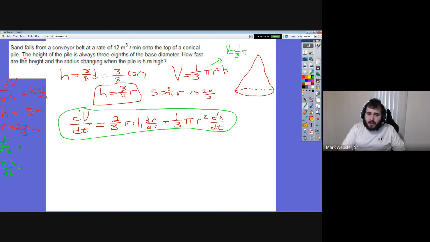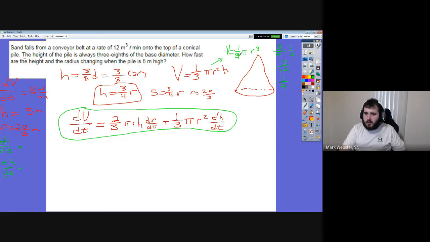R squared times 3 over 4r. Well, now I've got another r in there, so that's r cubed. And I'm multiplying 3/4 into this. So 3/4 times 1/3 is 1/4, right? Sorry, 3/4 times 1/3 is 1/4. Yeah? Right, 3 over 12 simplifies to 1/4.